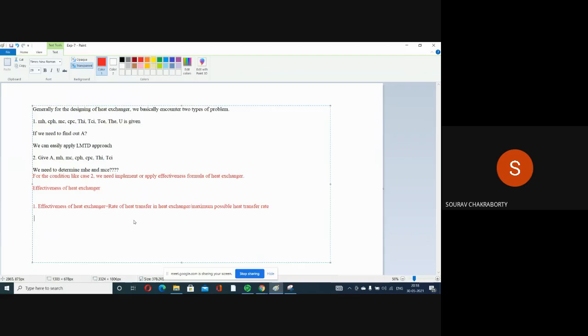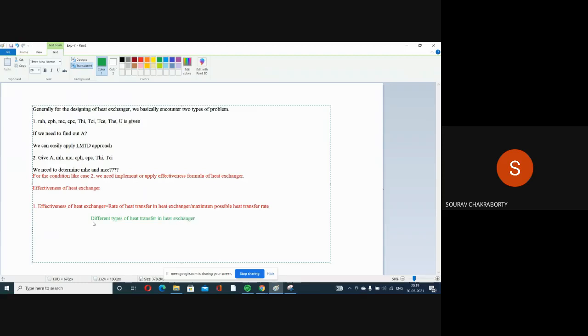So if we write down the expression for this, rate of heat transfer in heat exchanger. In case of a heat exchanger, what are the different types of heat transfer? We can write down, in a different color, the different types of heat transfer in heat exchanger.